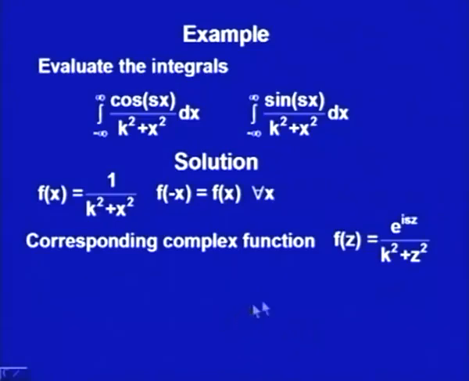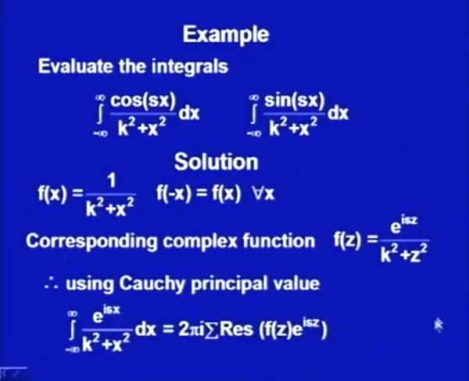Using the result we had just obtained, the integral from minus infinity to plus infinity of f x e to the power I t x dx would be 2 pi I times the summation of the residues of this function, where the summation would be over all the poles in the upper half plane. So, just using this Cauchy principal value, we get that the integral from minus infinity to plus infinity of e to the power I s x upon k square plus x square dx should be 2 pi I times the summation of residues of f z e to the power I s z, where the summation runs over all poles in the upper half plane.